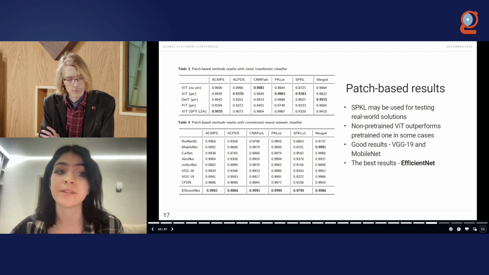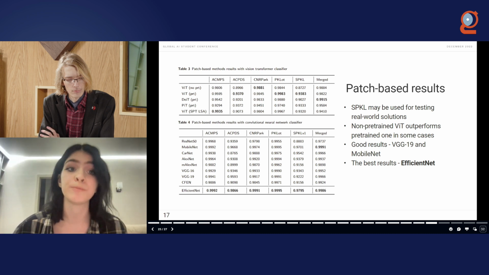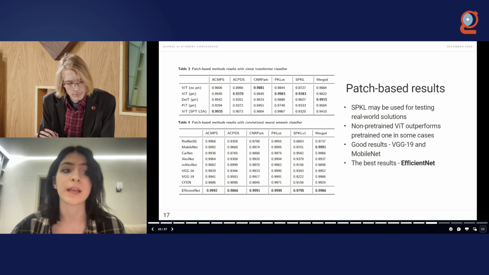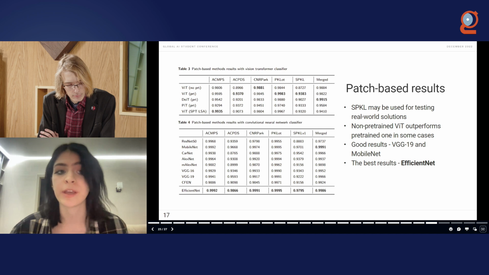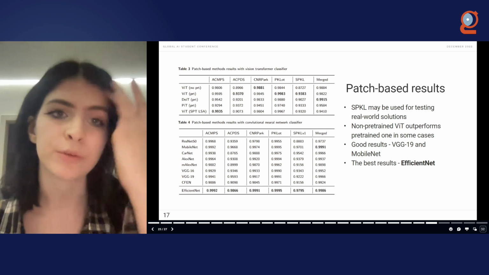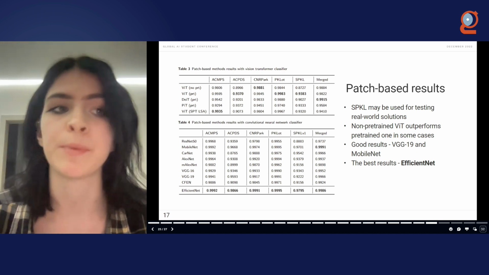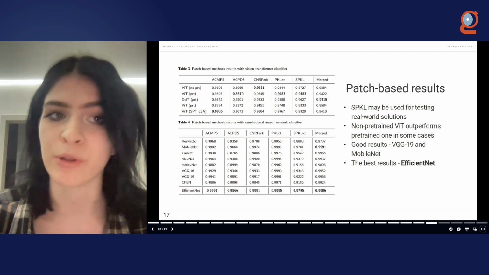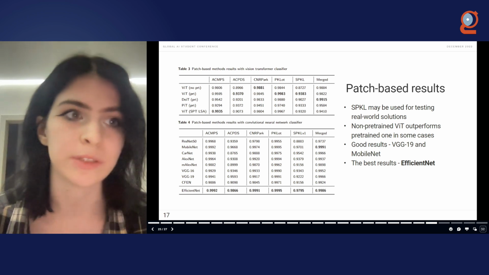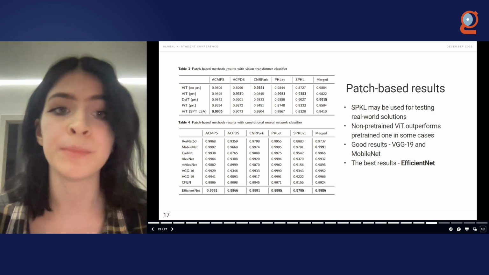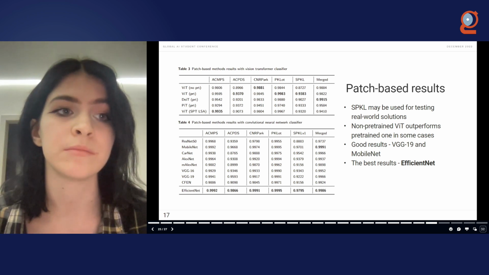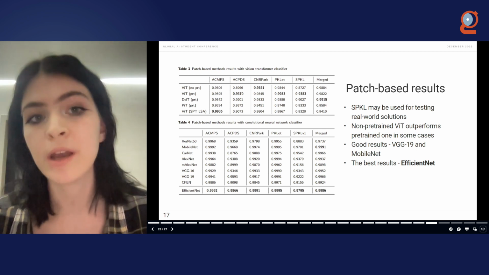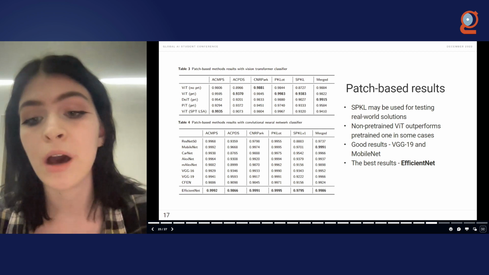Especially interesting is that non-pre-trained ViT outperforms pre-trained one on CNR Park and SMPC, which are both heterogeneous datasets, but doesn't surpass it on small SPKL. Thus, it can be supposed that this small dataset has the most complicated features. It means that this dataset may be used as the most realistic benchmark for testing real-world solutions.